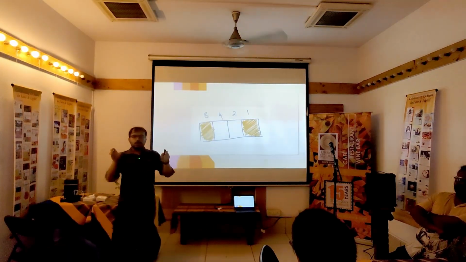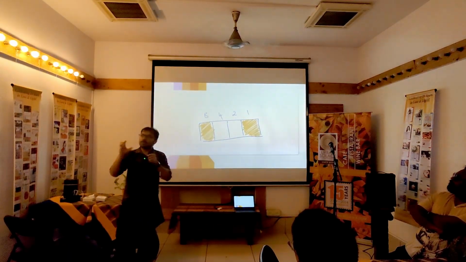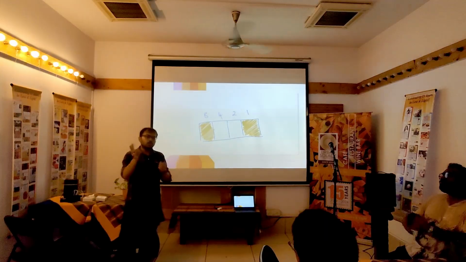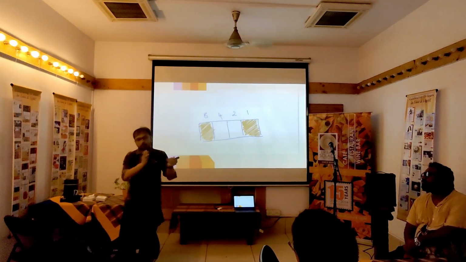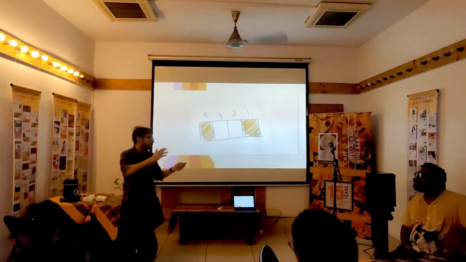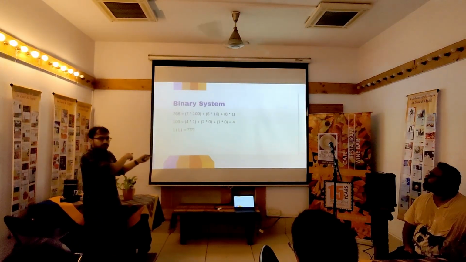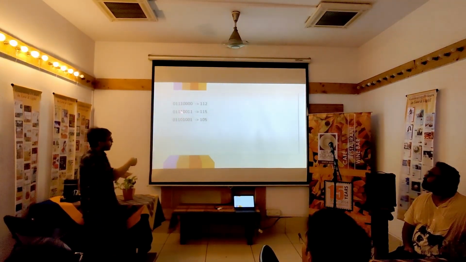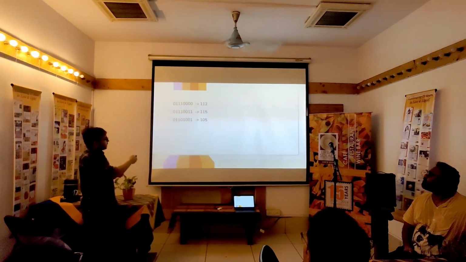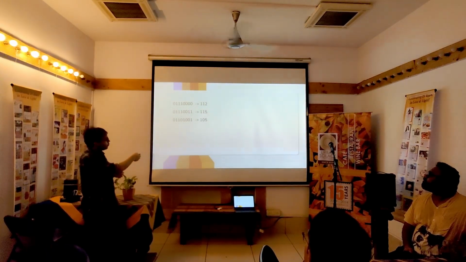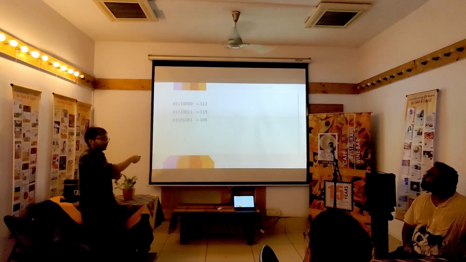With me so far? So you have the binary system where computers represent everything using two possible states, and you have a series of boxes which represents images and so on. So now we've represented numbers. Coming to text. By the same concept, this is 112, this is 115, this is 105.